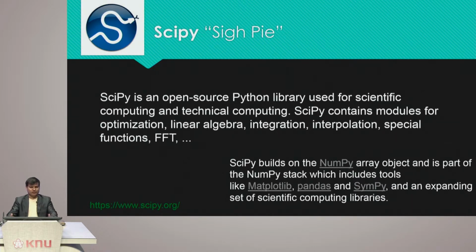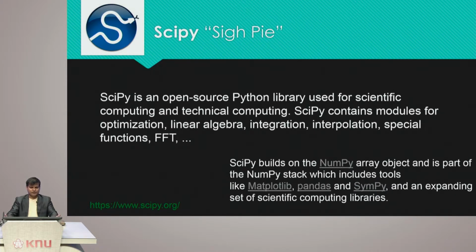There are a lot of complex things involved in transformation, starting from reduction of high dimensional data into lower dimensions and so on, or transforming a frequency domain into the time domain. That's again one of the basic transformation methods. Yes, you can keep on expanding these special functions, and all those scientific computing libraries can be easily accessed using SciPy.